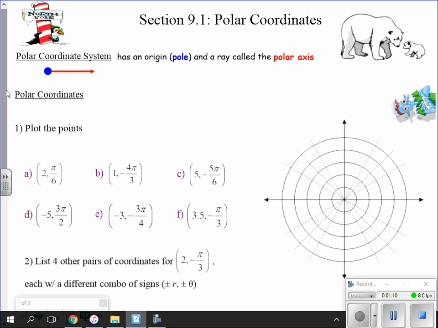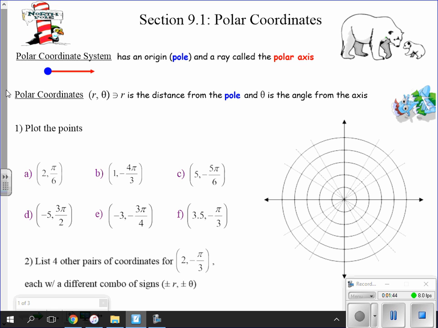The polar coordinate system has an origin, the pole, and a ray called the polar axis. So that's the polar coordinate system. Basically what you're dealing with is direction and distance. Polar coordinates are given in r and theta, r being the distance from the pole, and theta being the angle from the x-axis.